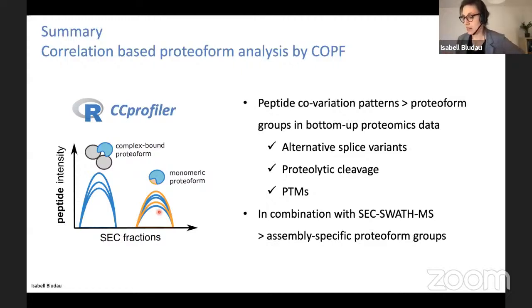For the data analysis, for the COPF analysis, I use combined information from multiple replicates. So I do an aggregation step before I call the proteoforms. Yeah, so this is how we do this.